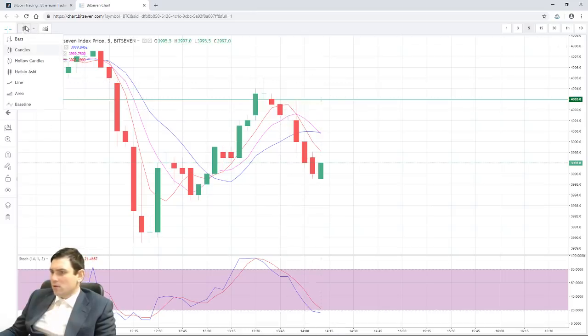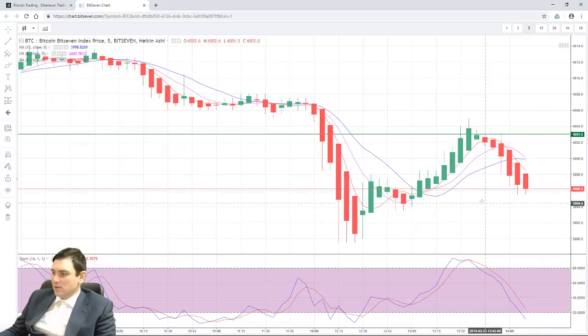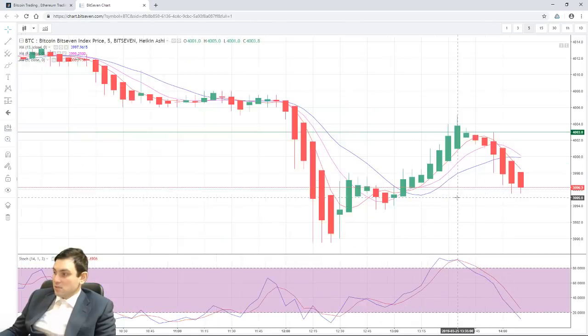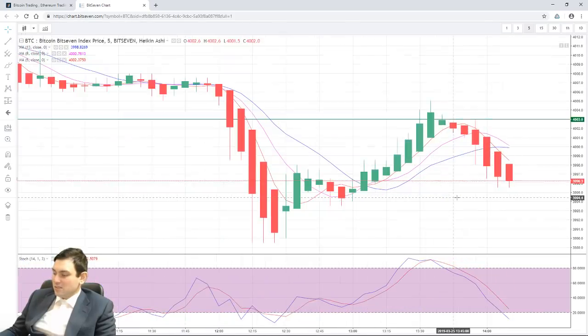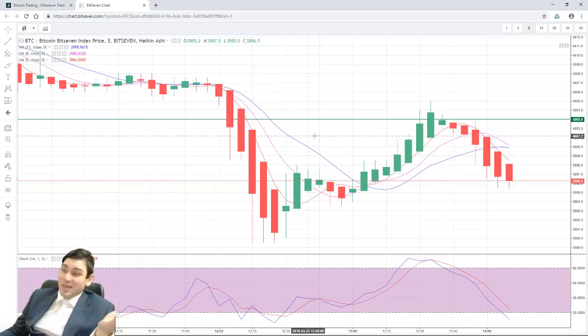By the way, we can look at Heiken Ashi, which is like a smooth version of the original Japanese candles, and these are not good. Well, Heiken Ashi is good for the past.